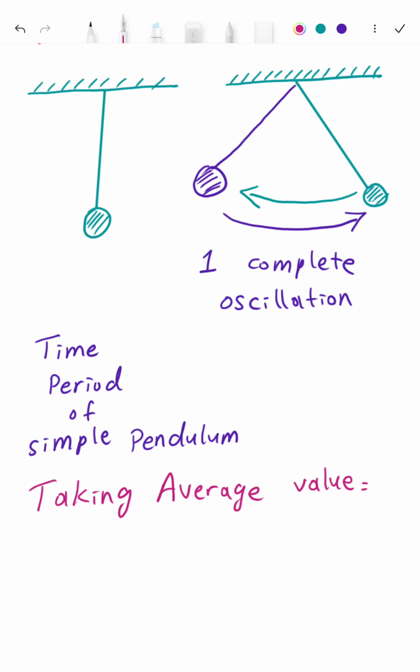Why? Because if the reaction time is 0.67 seconds, that reaction time is divided over 10 oscillations instead of one oscillation. So our answer will be more accurate in this way.